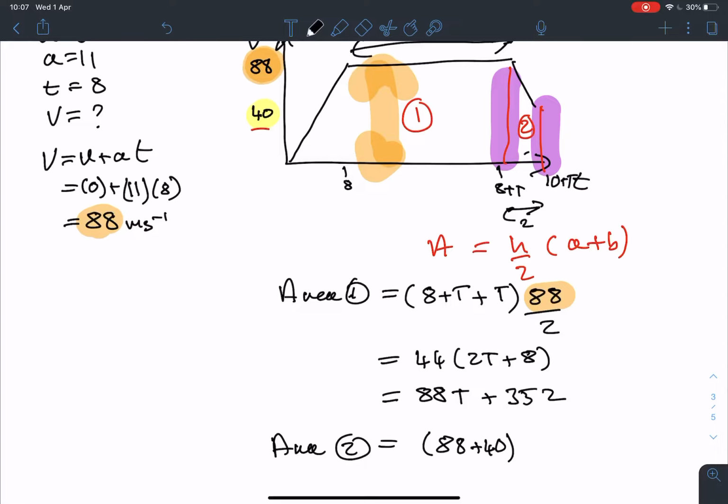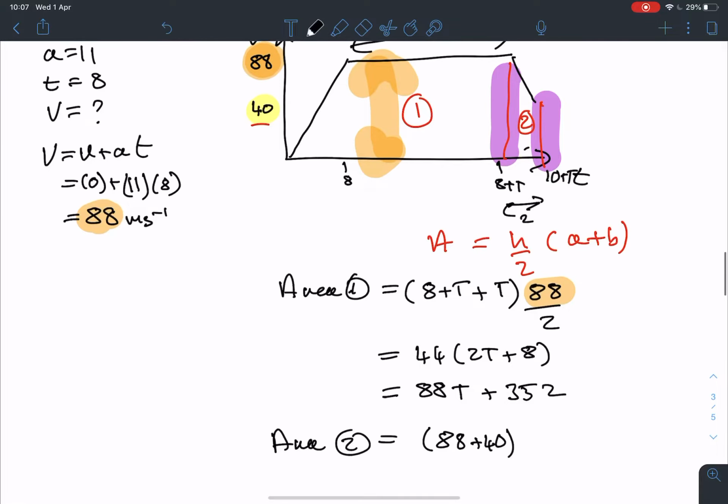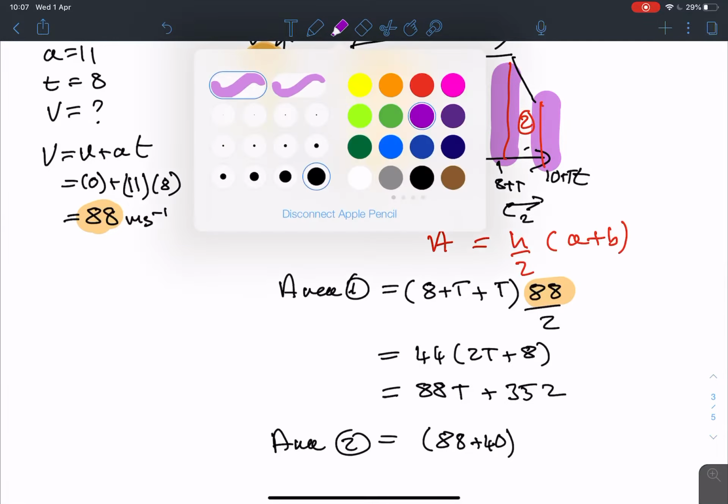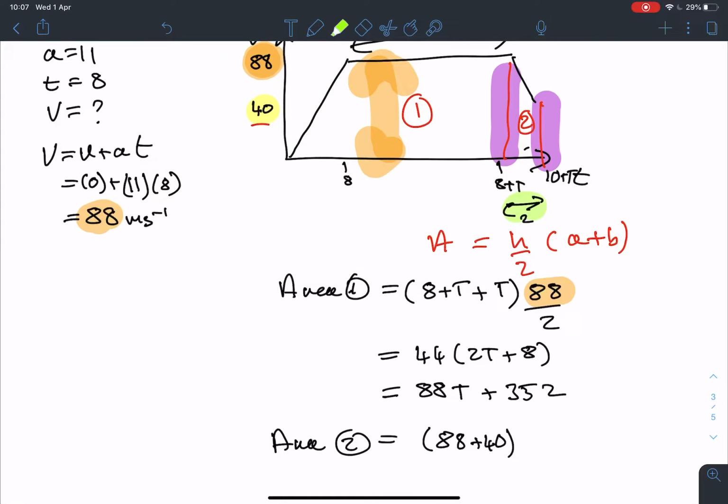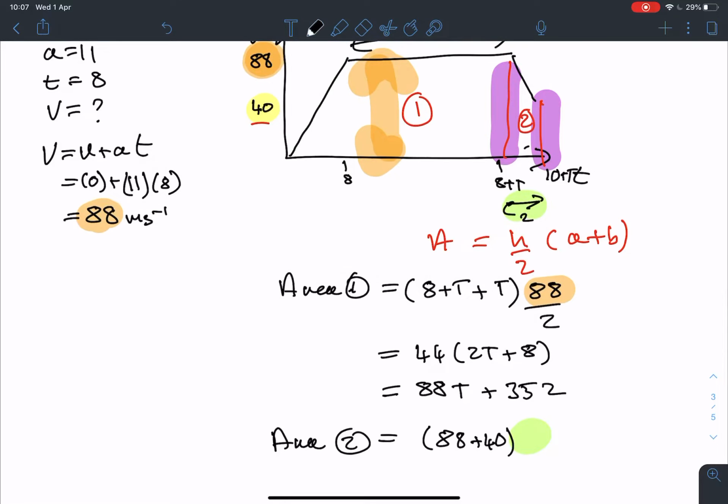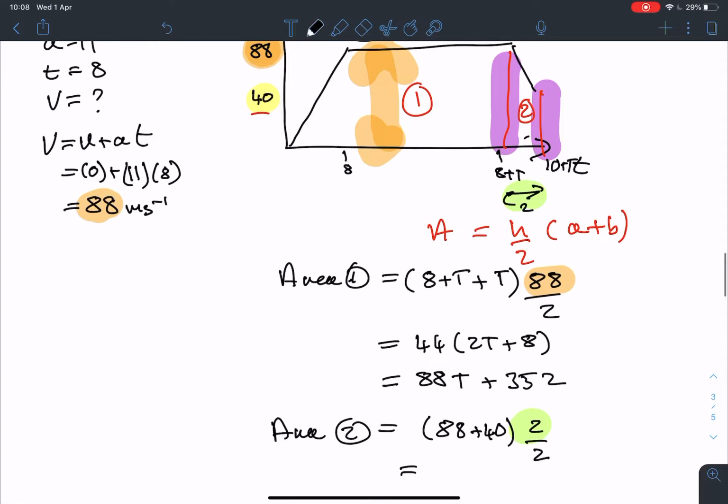And the distance between them is here, that's our distance between them, h. So here we've got h as 2 over 2, which is 1. 40 plus 88 is 128.